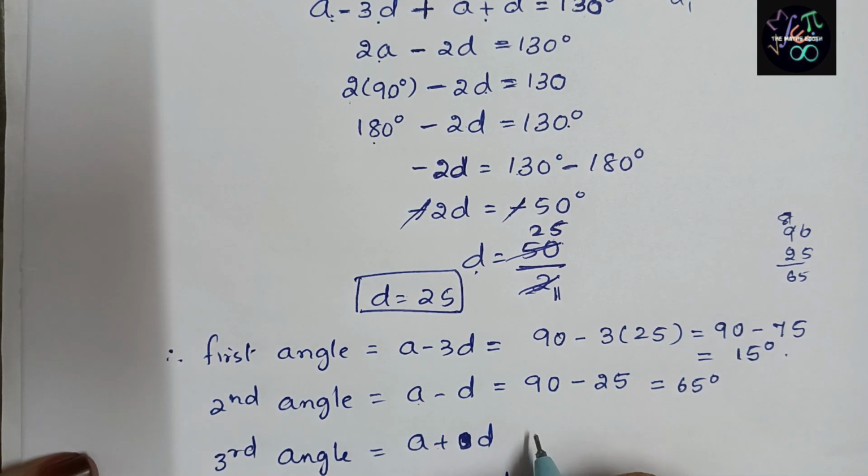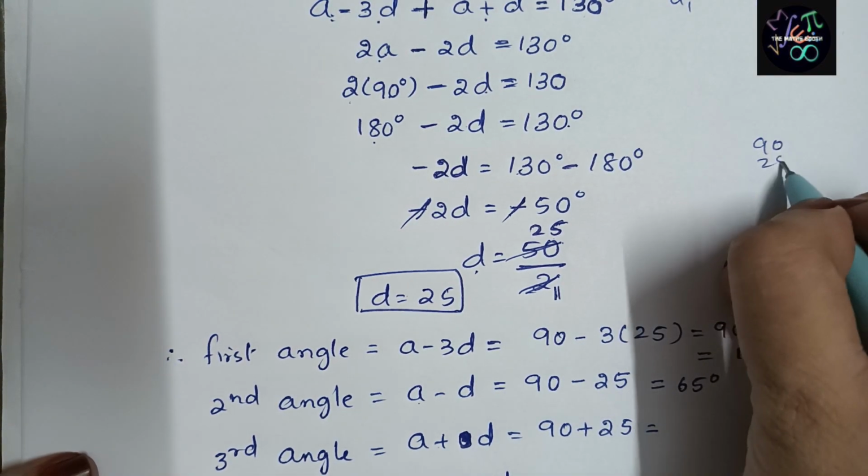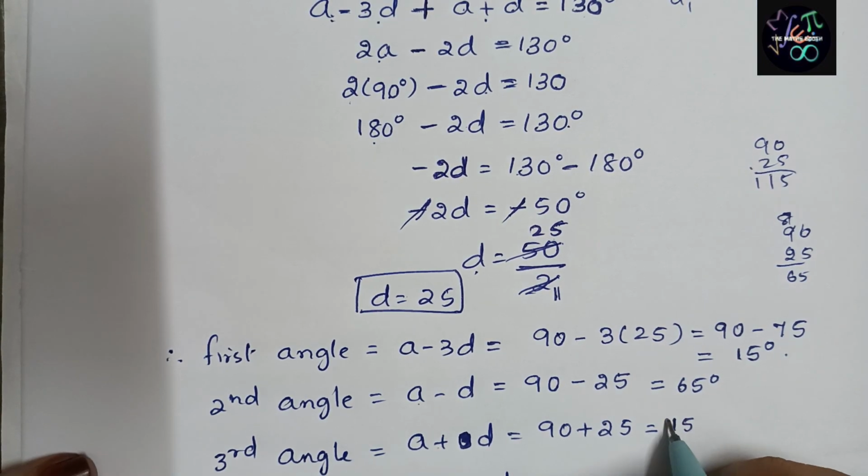Third, a plus d, 90 plus 25, which is 115 degrees.